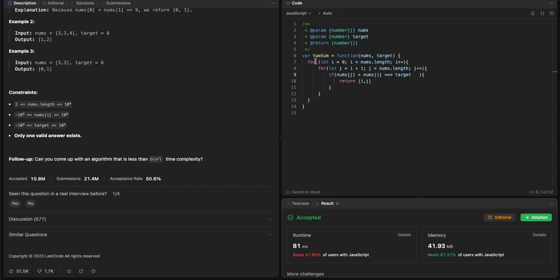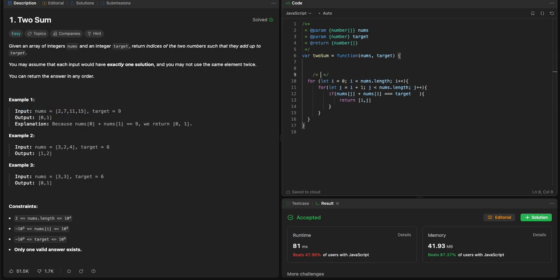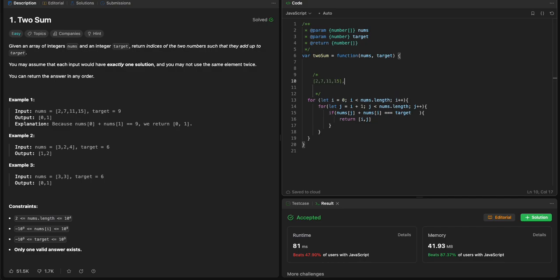So first of all, we loop against the numbers. So let's just try to have this example. We have this as our numbers, and we have 9 as our target.